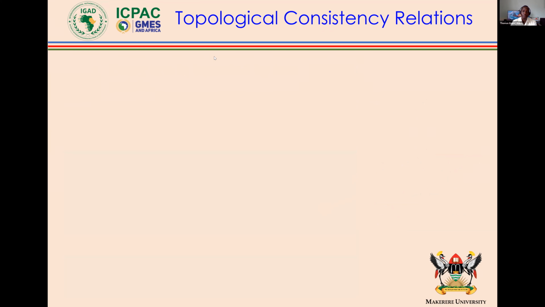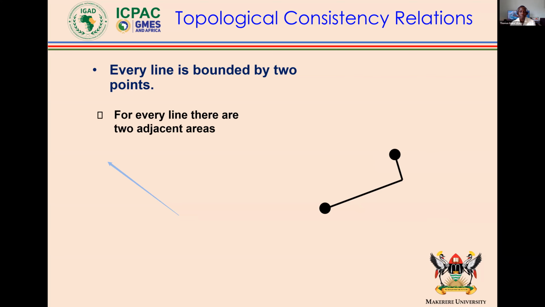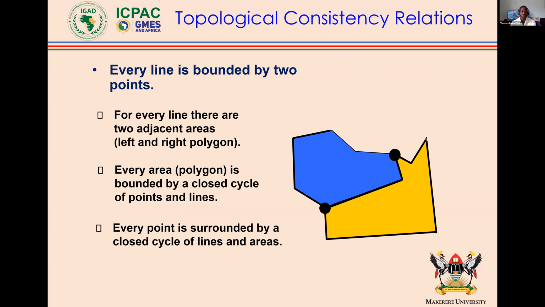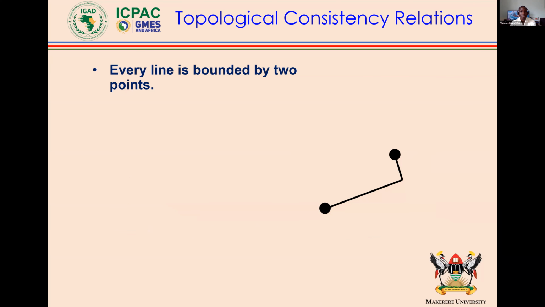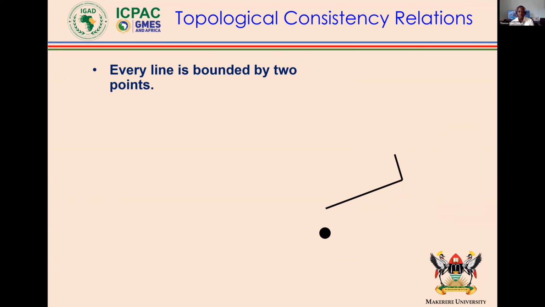So just run through a few things here. First, every line is bounded by 2 points. So there's a start point and the end point. Next, for every line, there are 2 adjacent areas.